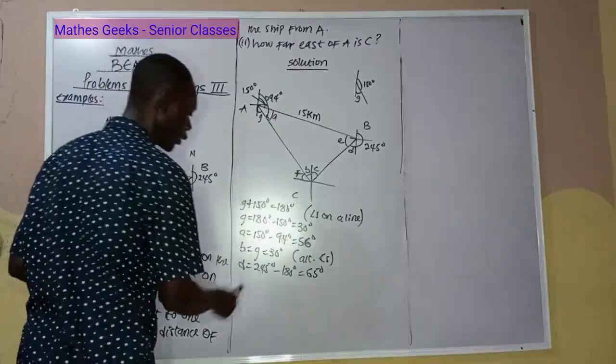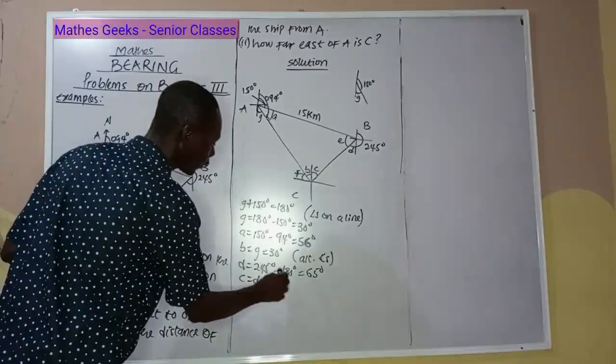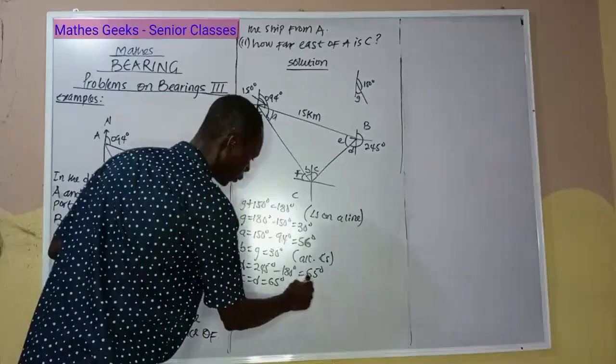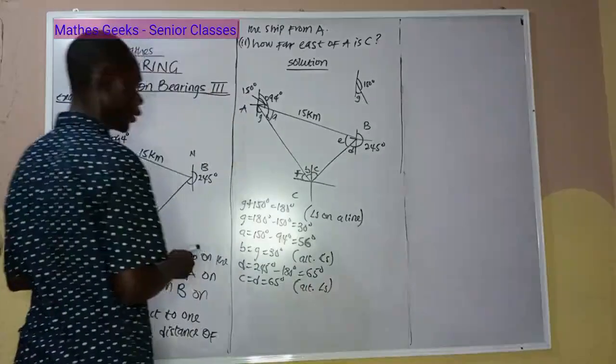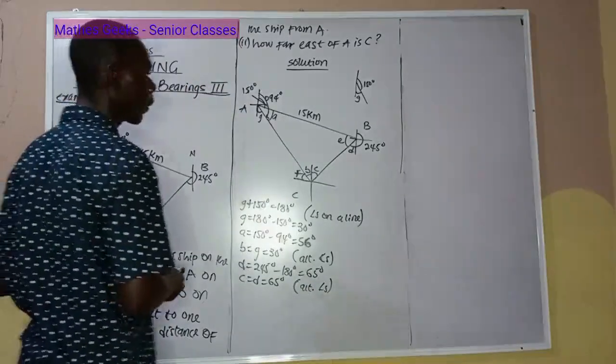So D is equal to 65 degrees, and C is equal to D, equal to 65 degrees. Why? Alternate angles.